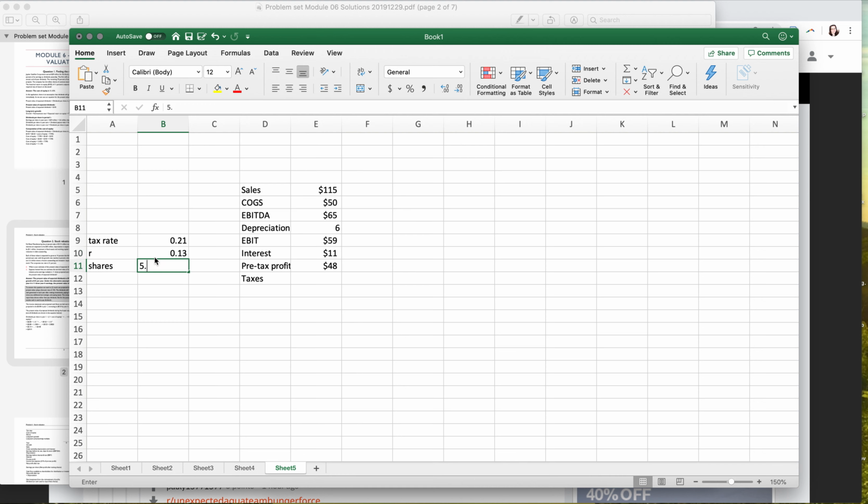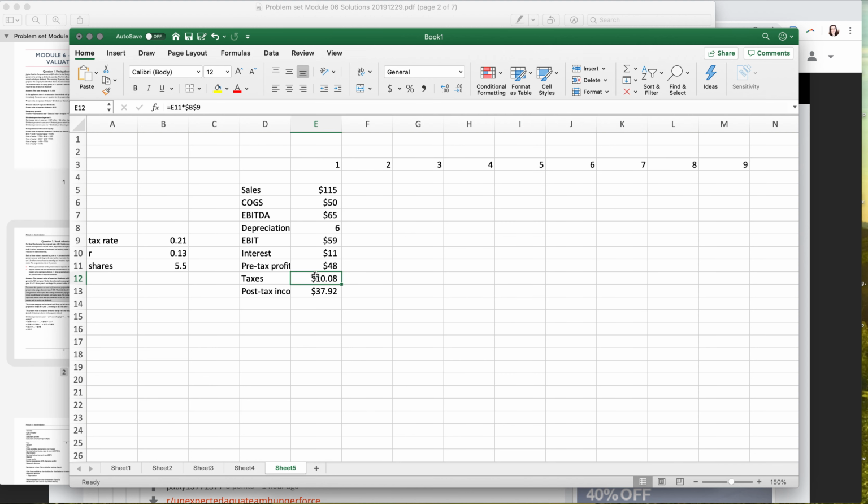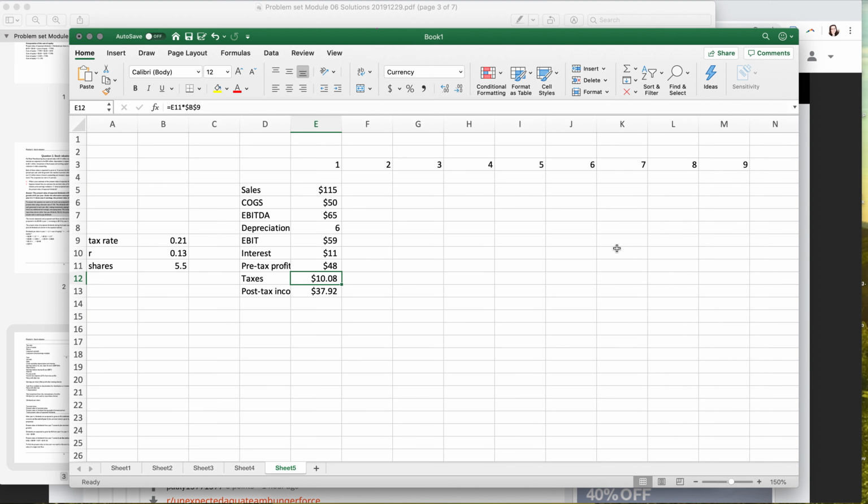Shares outstanding is 5.5 million. Okay, this should be, yep, 38.